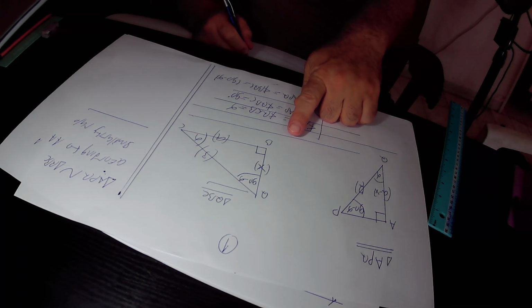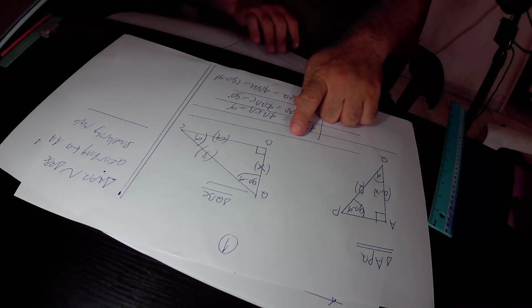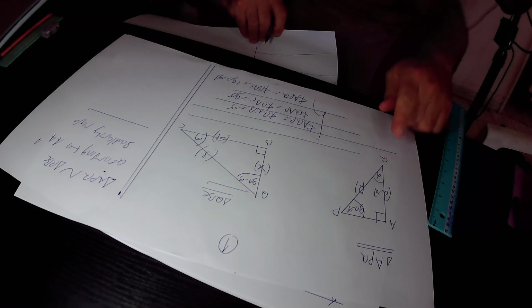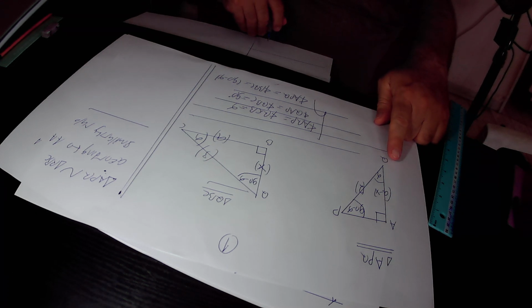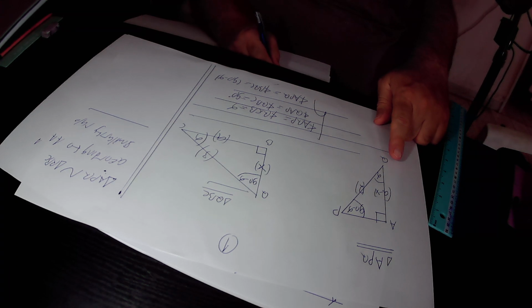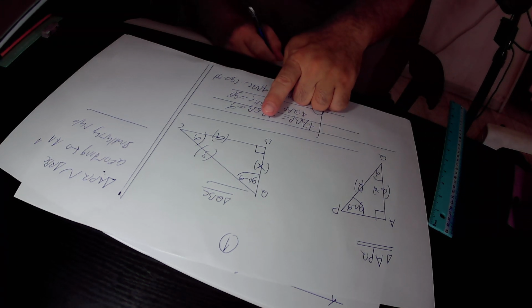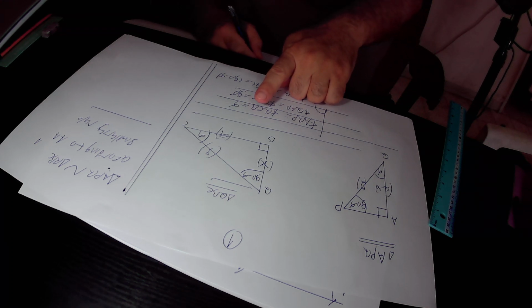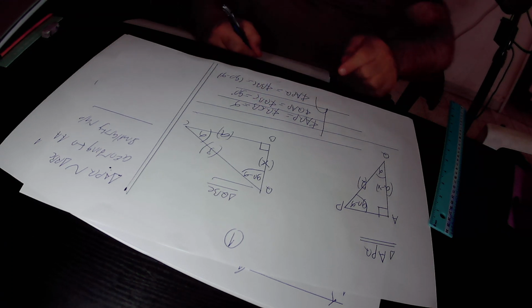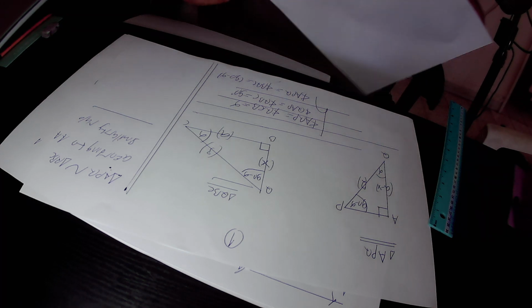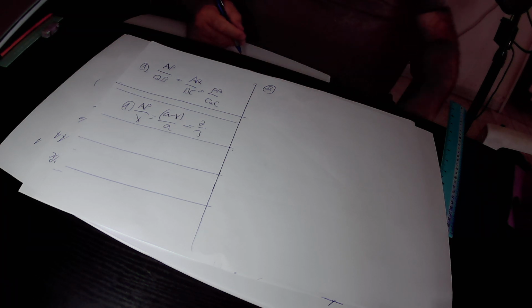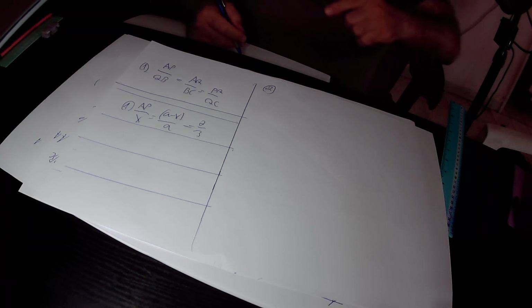QB is x, therefore we substitute QB by x, and it is equal to AQ. AQ is A minus x, therefore we substitute AQ by A minus x, over BC. BC is A. And it is equal to PQ, that is 2, over QC, that is 3. So now we found out that AP over x equals A minus x over A, and it is also equal to 2/3.